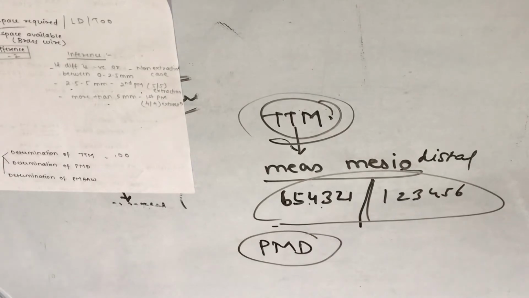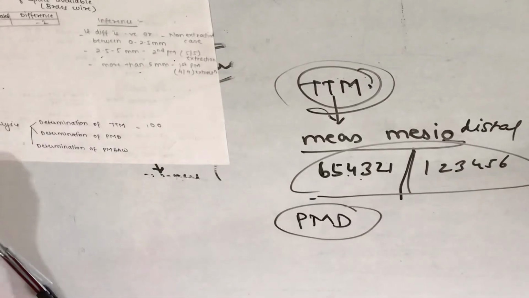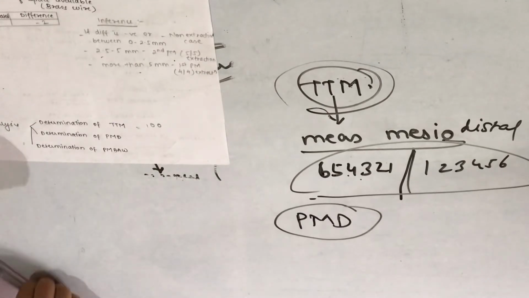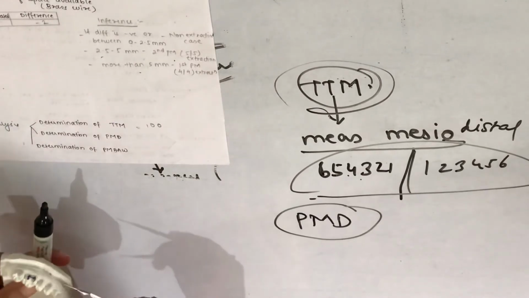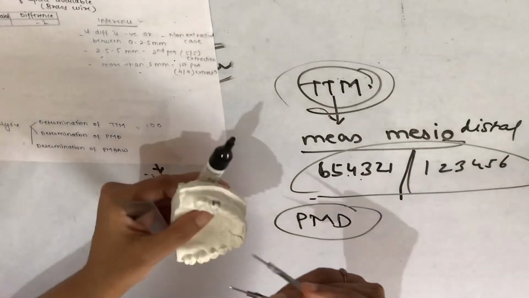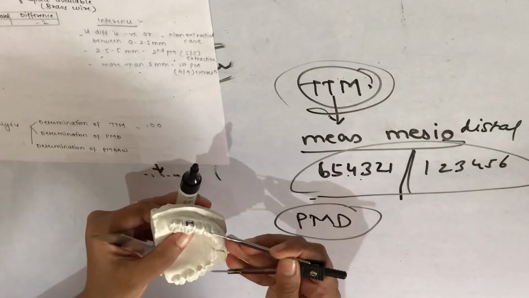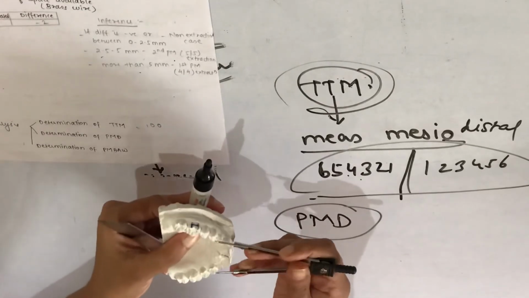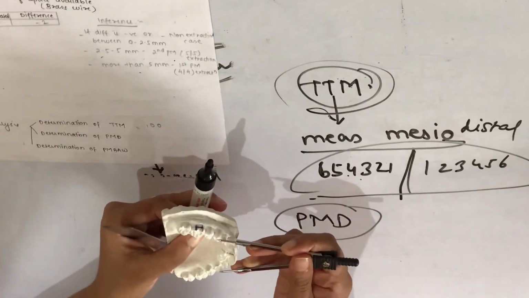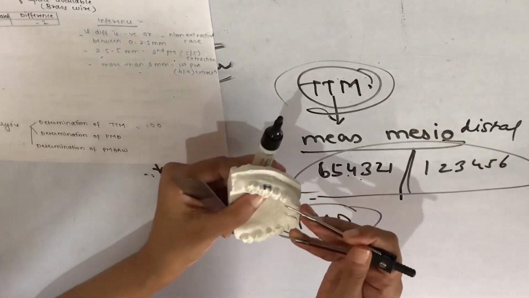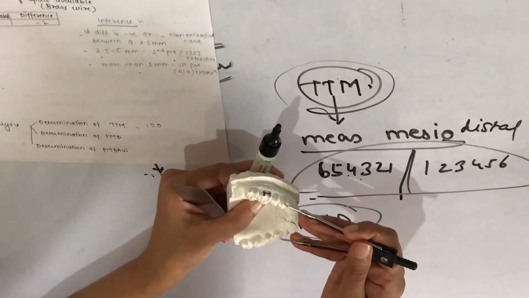Now, the premolar diameter refers to the distance or the arch width from the tip of the buccal cusp of your first premolar to the tip of the buccal cusp of the opposite premolar. So what you're going to do is keep your divider on the buccal cusp of each of the first premolars.